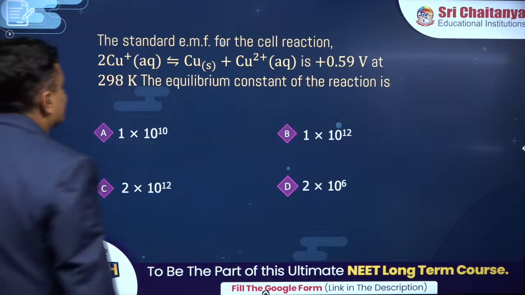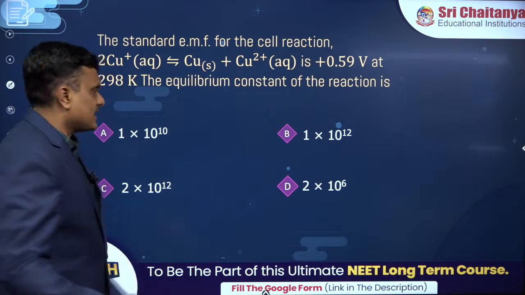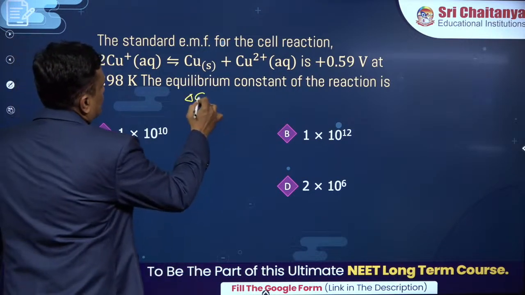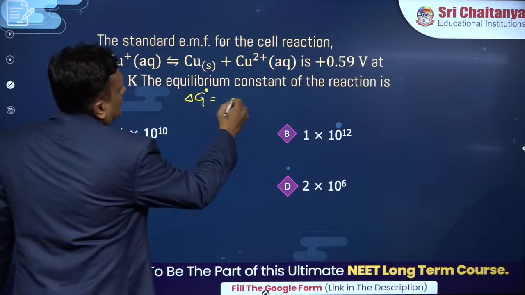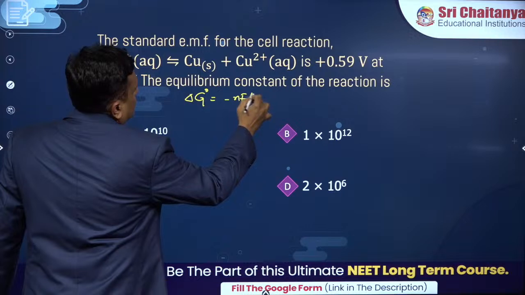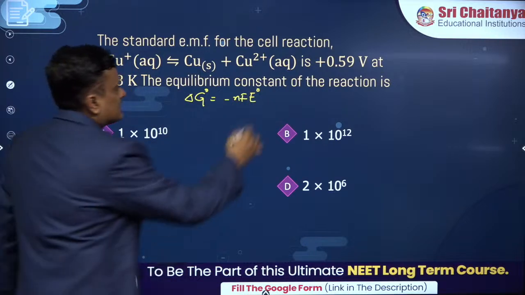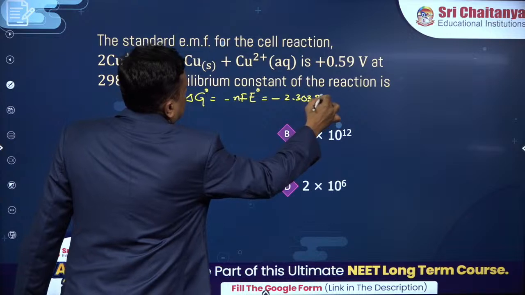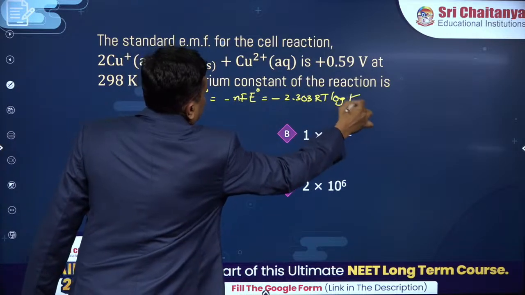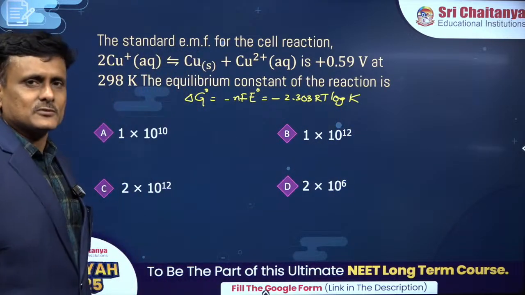You can see that this is a very popular, frequently asked question, delta G naught, because this question combines second law of thermodynamics, electrochemistry and chemical equilibrium. So you know the equation, you know the relationship, right?